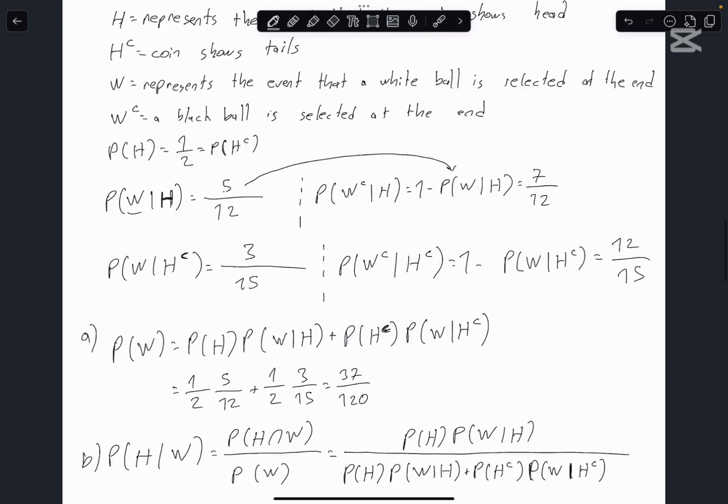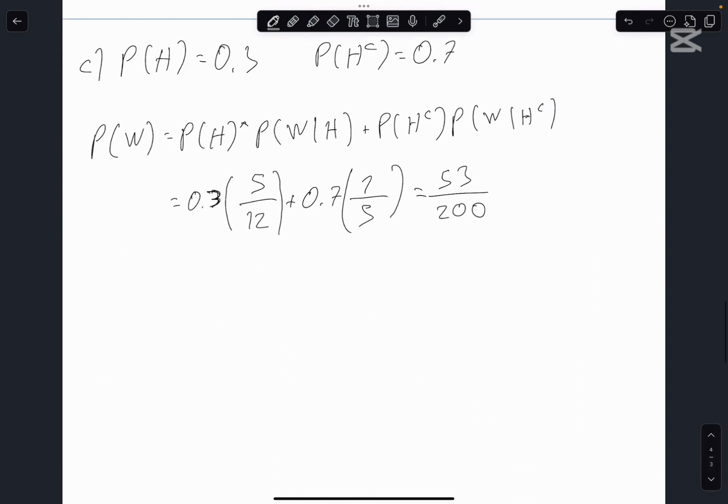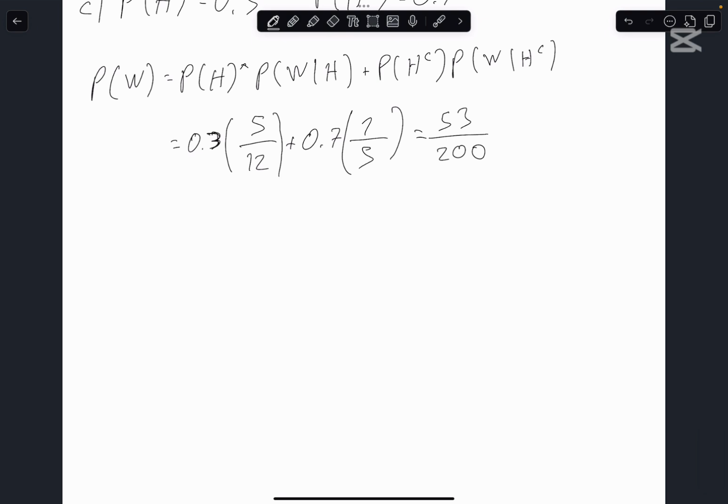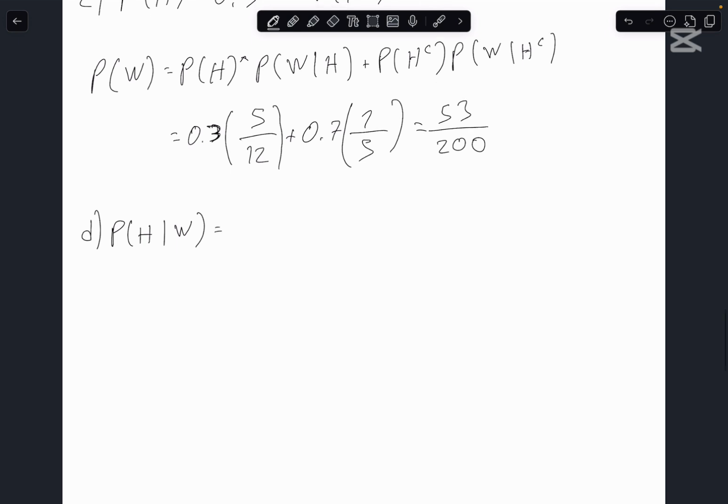So in section D, we need to calculate the probability of heads, if you know the ball is white.